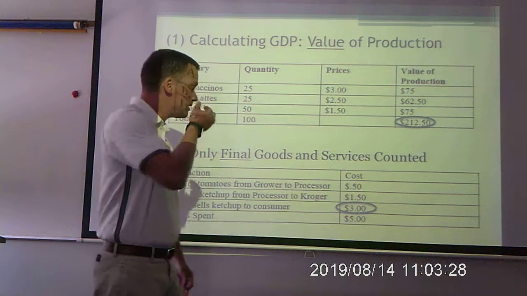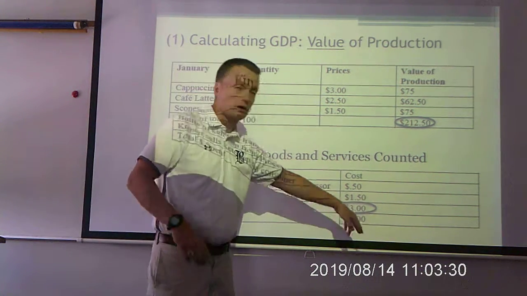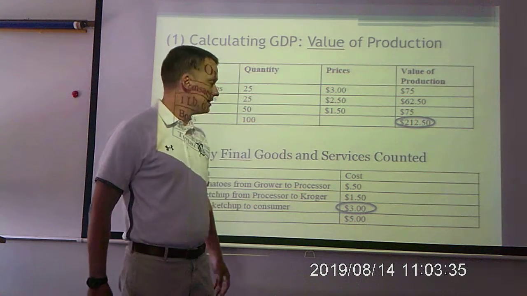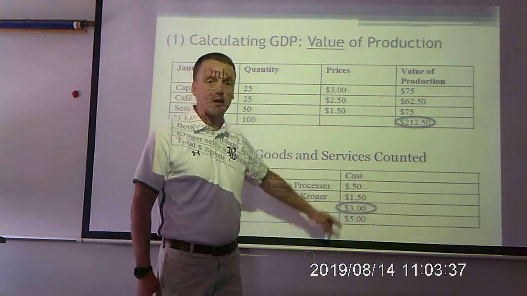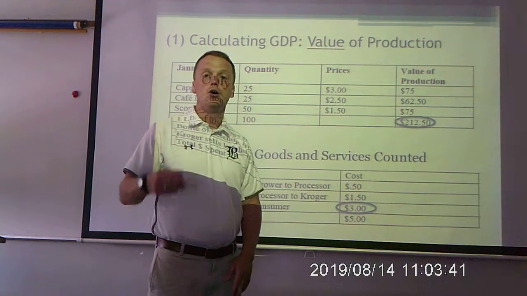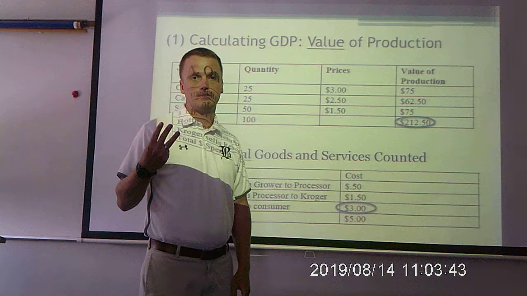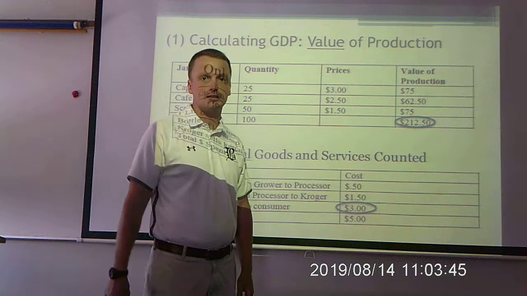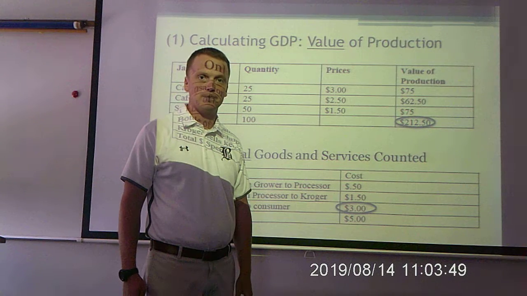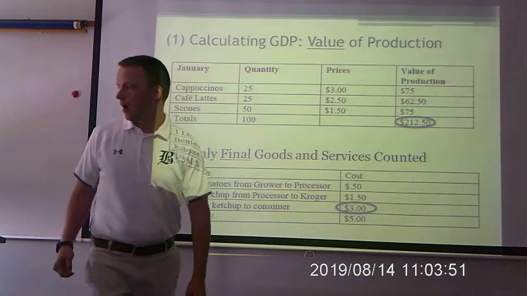Because if you end up counting all of this and totaling $5 worth of buying and selling, then what you end up doing is you double count. The same product was added up 3 times. The final product is the one that ultimately matters when calculating GDP. Okay, let's move on.